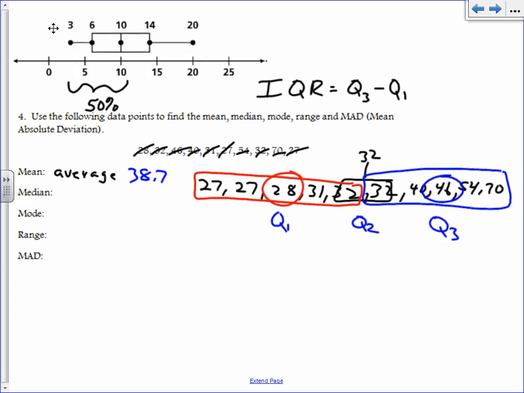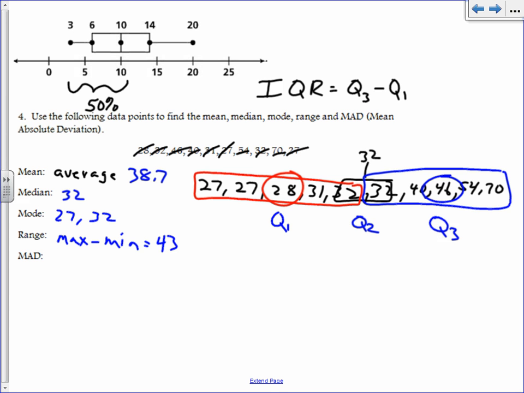So the median was 32. The mode in this particular situation, 27 and 32, it's got 2. There doesn't have to be a mode, and there can be more than one mode. The range, guys, goes from 70 down to 27. So you take the max and you subtract the min. It's 43.